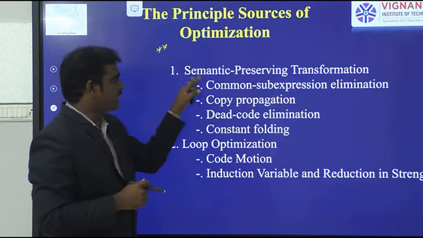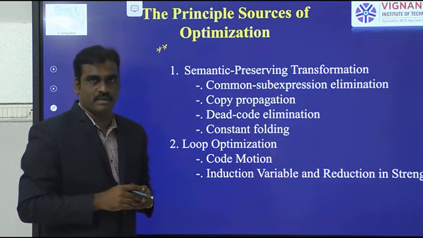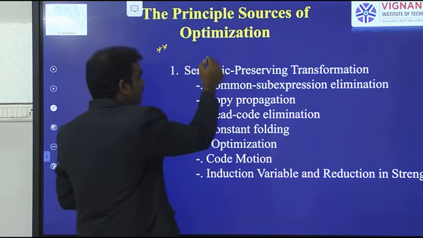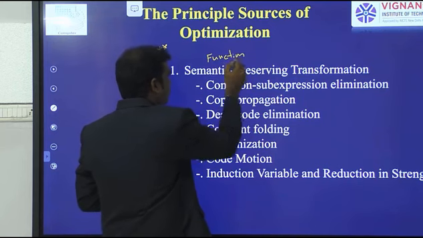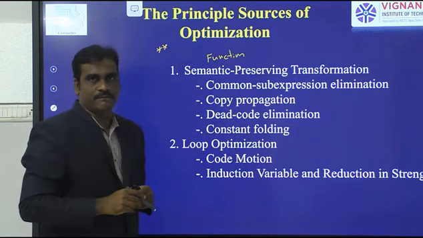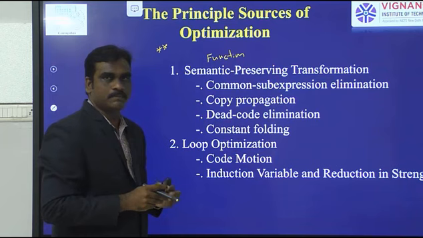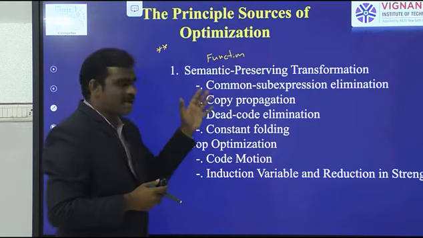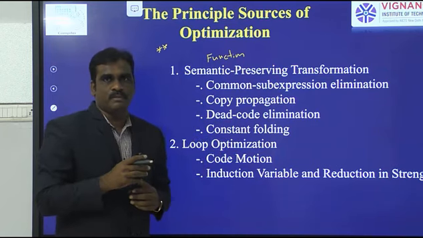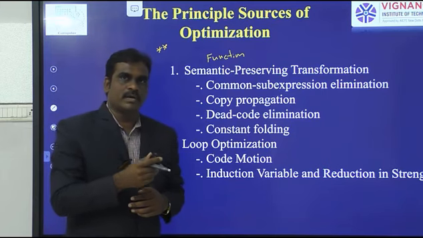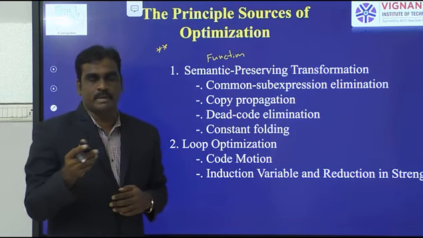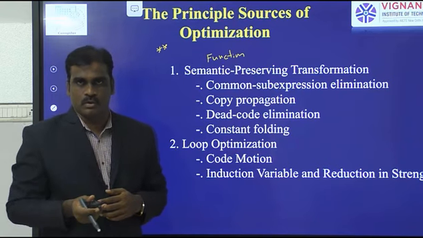The first one is the semantic preserving transformation, or the function preserving transformation. Both are the same. Almost all of these are related to how to optimize the code, and here we follow different techniques or methods to optimize the code.